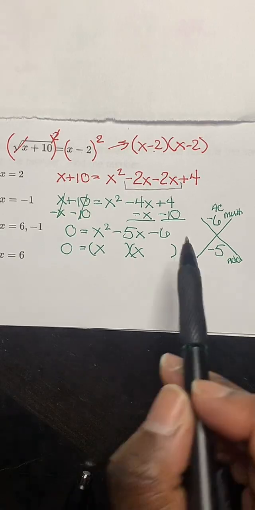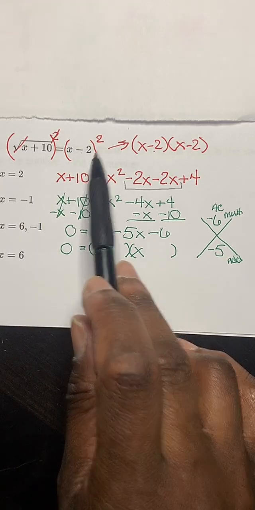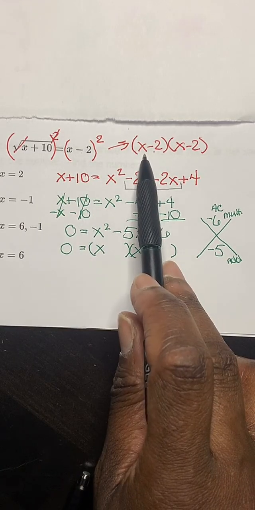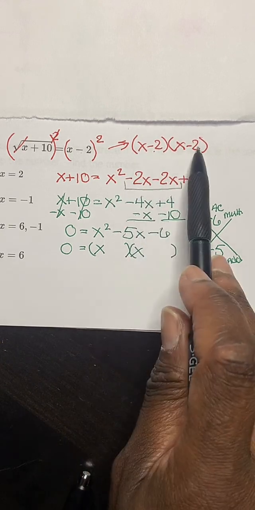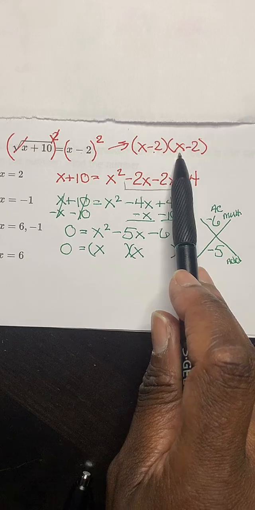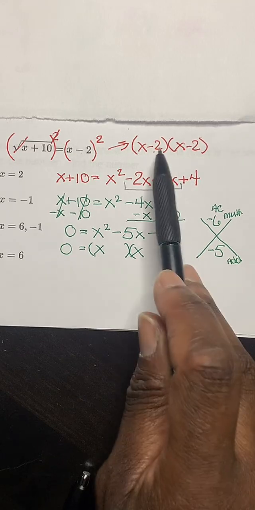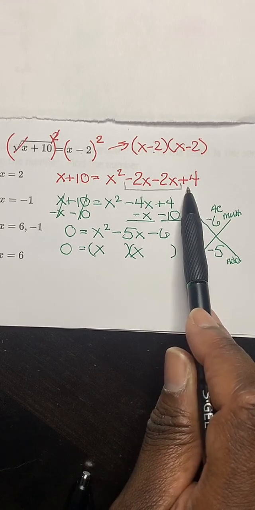Okay. So, first thing, we had to square both sides. Then we had to do the distributive property. So x times x gives me x squared. X times negative 2 gives me negative 2x. Negative 2 times x gives me negative 2x. And negative times a negative gives us a positive 4.